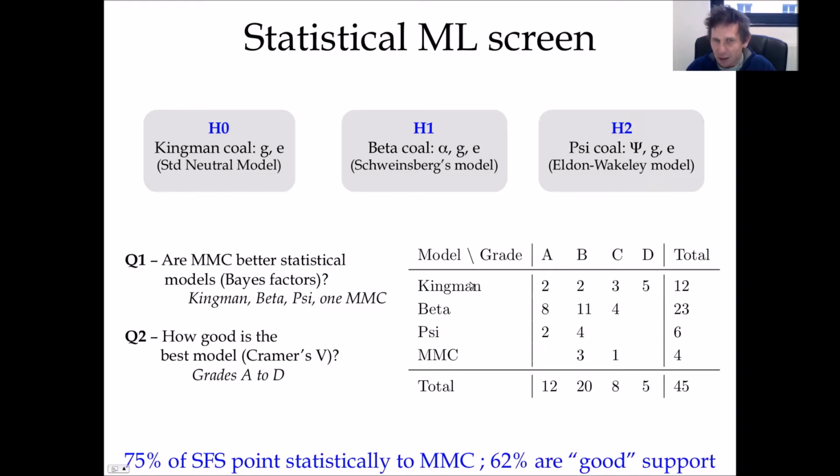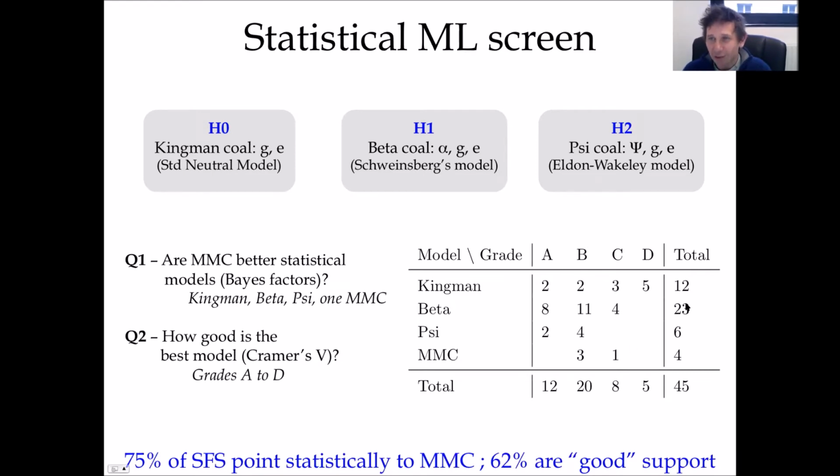For 12 species, the best model is the Kingman model. But be aware that because the Kingman model has only 2 parameters in that implementation, it will be favored by the parsimony argument. And the second important point is that the Kingman model is included in the other models. So even if you chose the other models, you could still retrieve the Kingman model by setting the parameter to the correct value.